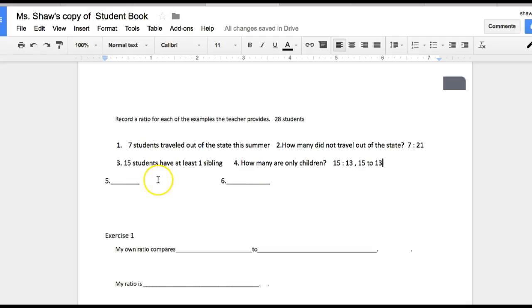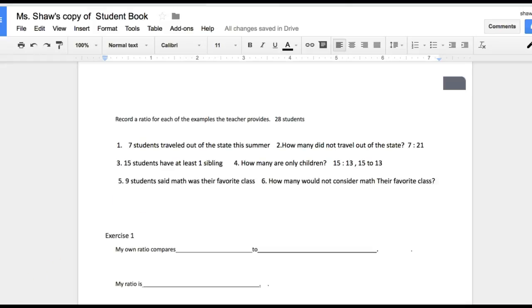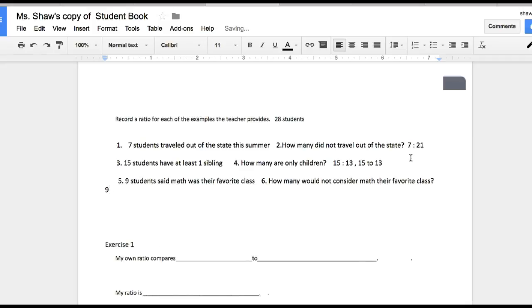All right, let's try one more. So for number 5, if there were 9 students that said math was their favorite class out of our original 28, how many would not consider math their favorite class? Take a minute and figure that out right now. Well, you have 9 colon, and you should have figured out it's 19 students.